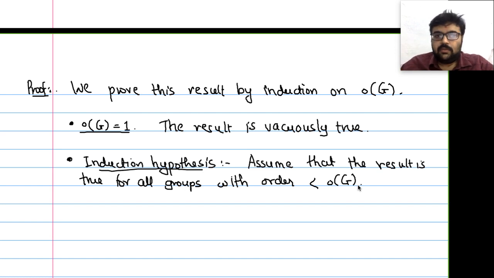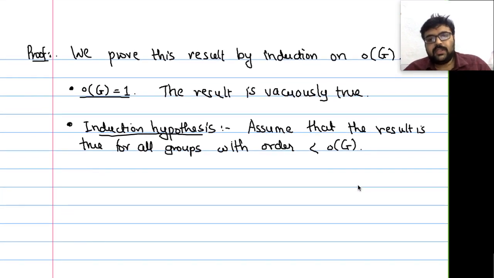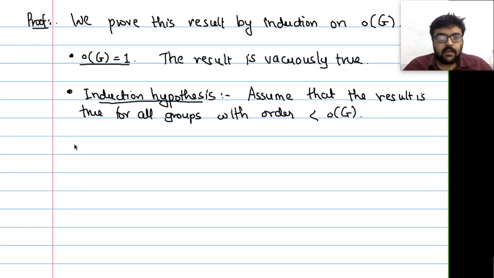We take n equals 1, then we assume that it is true for 1 to n minus 1, or 1 to n, then we go for n plus 1. So suppose order of G is n, then the result is true for 1 up to n minus 1. And now we have two cases.